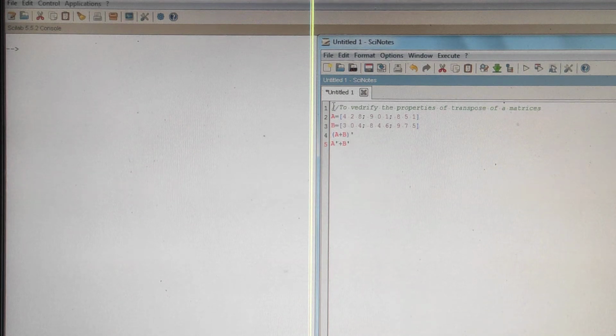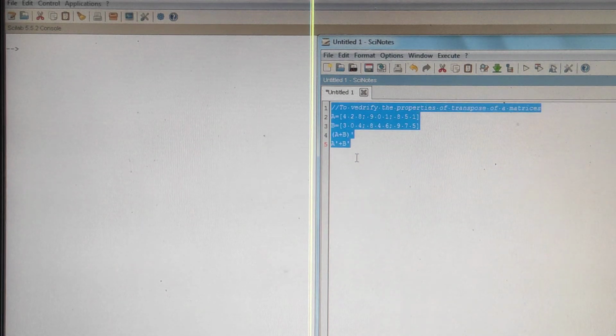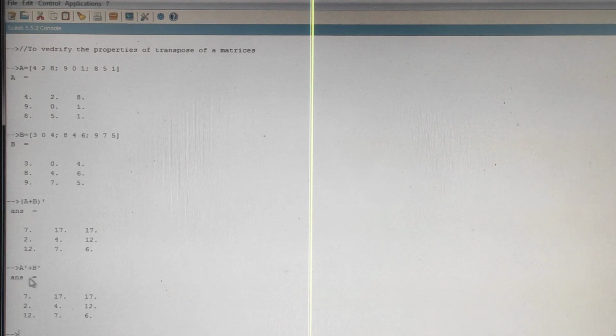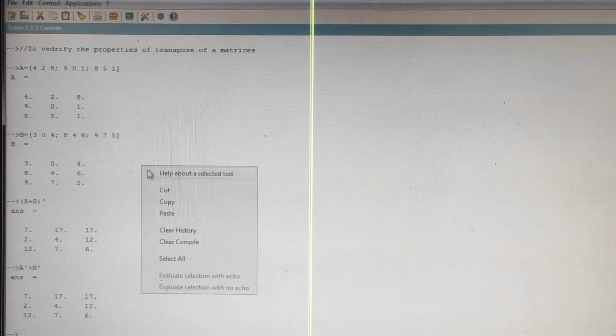So let us see whether these two values are the same or not. 7, 17, 17, 7, 17, 17, 2, 4, 12, 2, 4, 12. Here 12, 7, 6, 12, 7, 6. So both are the same. That means A plus B whole transpose is equal to A transpose plus B transpose.